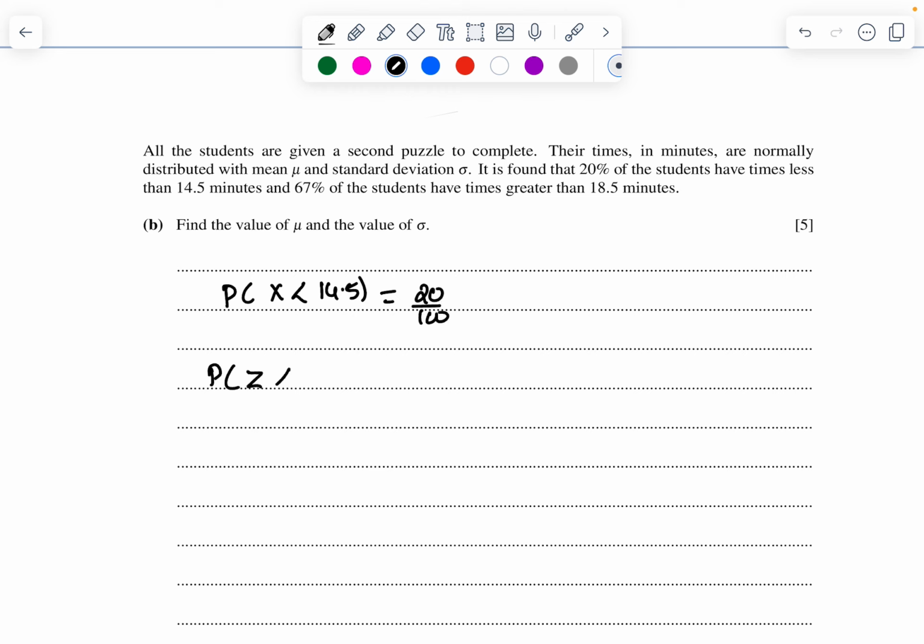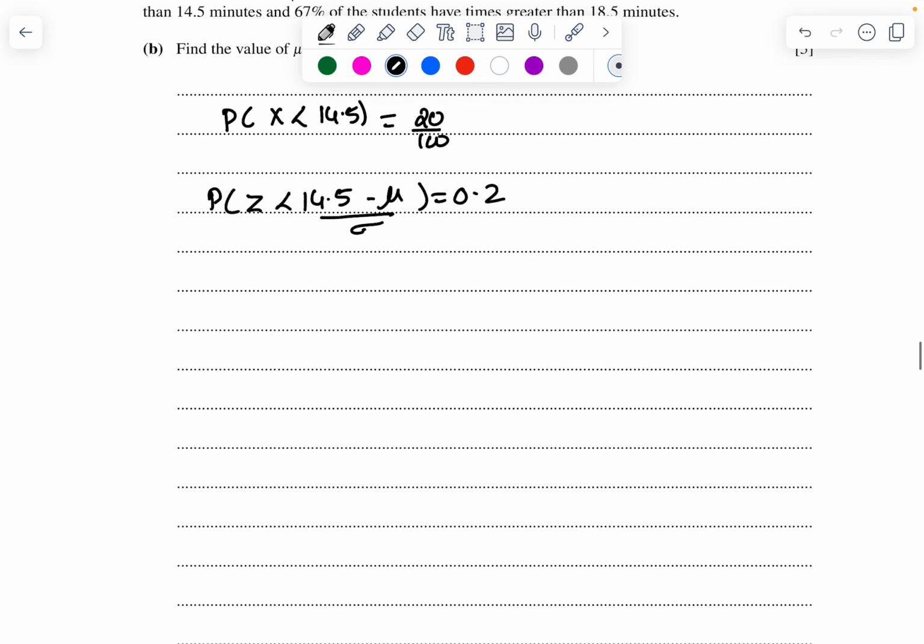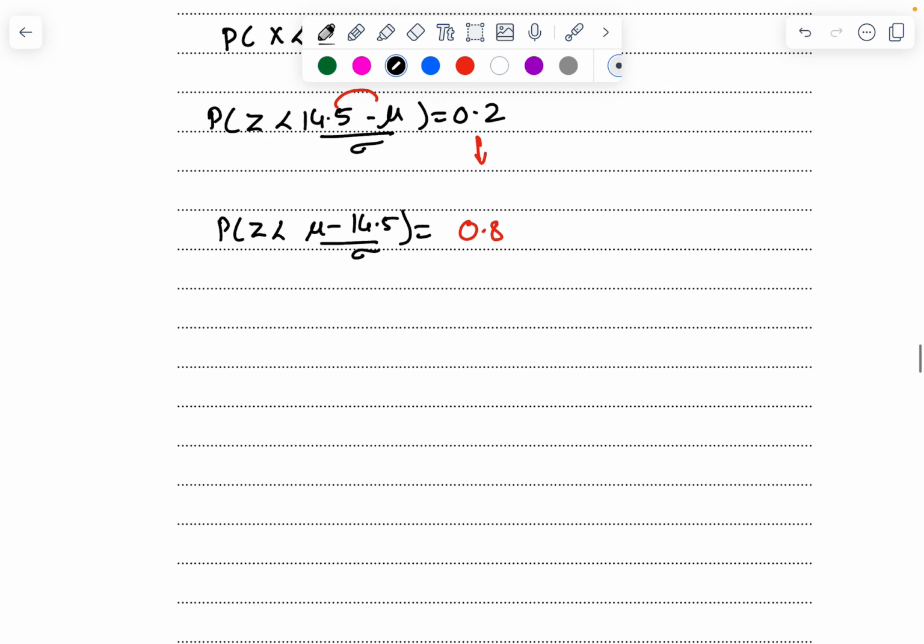So probability of z less than (14.5 minus mu) by sigma equals 0.2. But this value is not there in the table, so I convert into 1 minus 0.8. So we swap this one. Probability of z less than (mu minus 14.5) by sigma is 0.8. So (mu minus 14.5) by sigma equals 0.842.